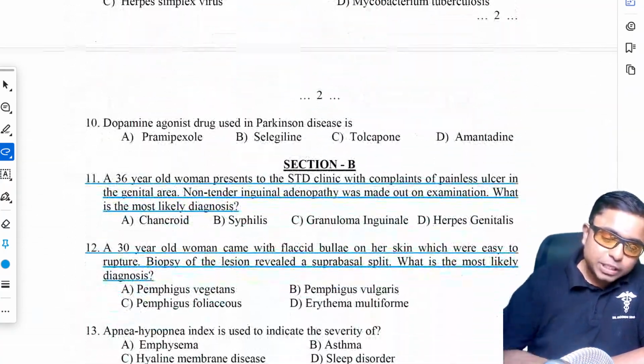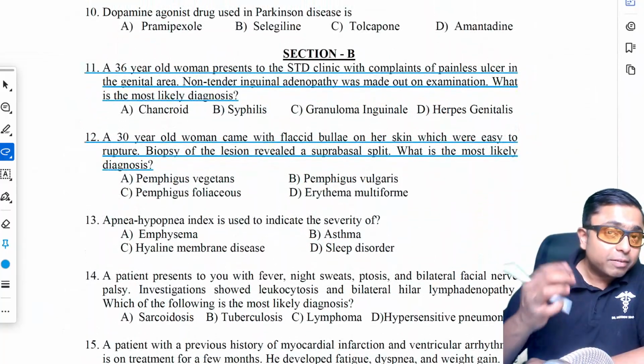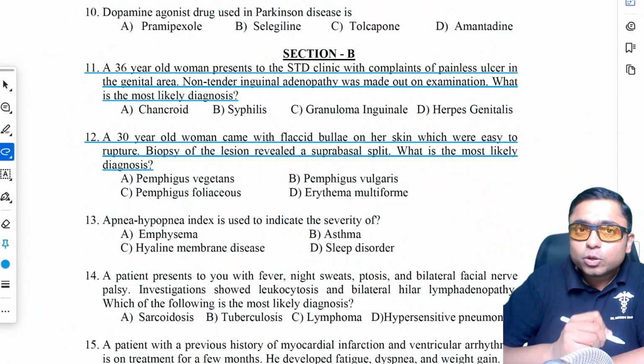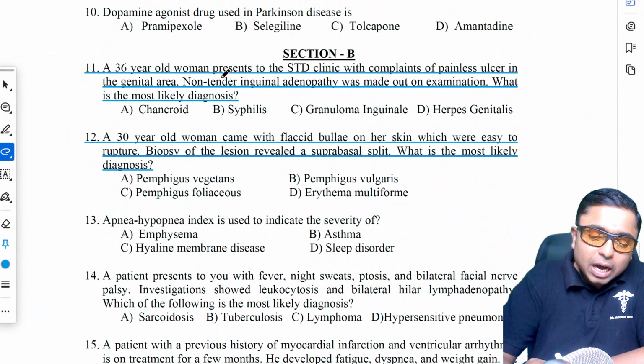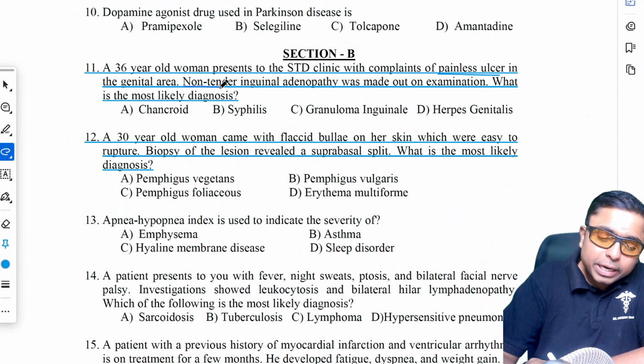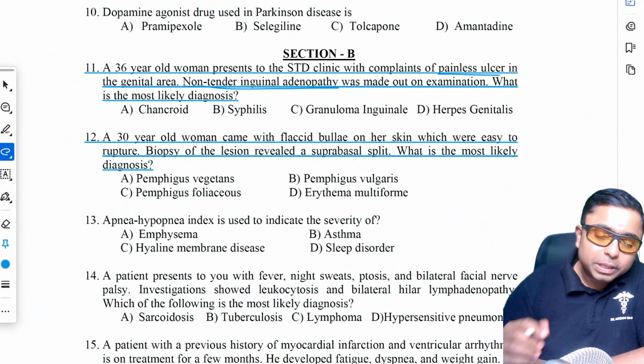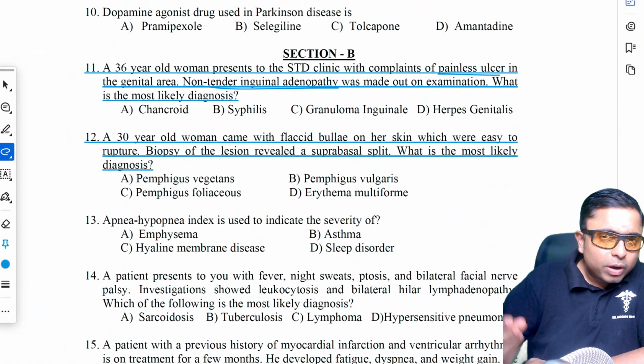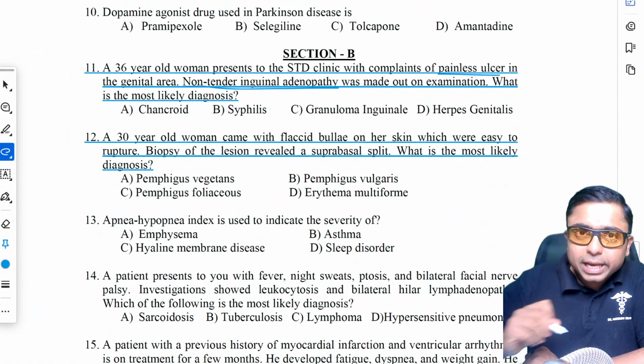So the next question is this one. We have discussed this so many times. Sexually transmitted disease. A woman presents with complaint of painless ulcer in genitalia and non-tender inguinal lymphadenopathy was made on examination. What is the most likely diagnosis?